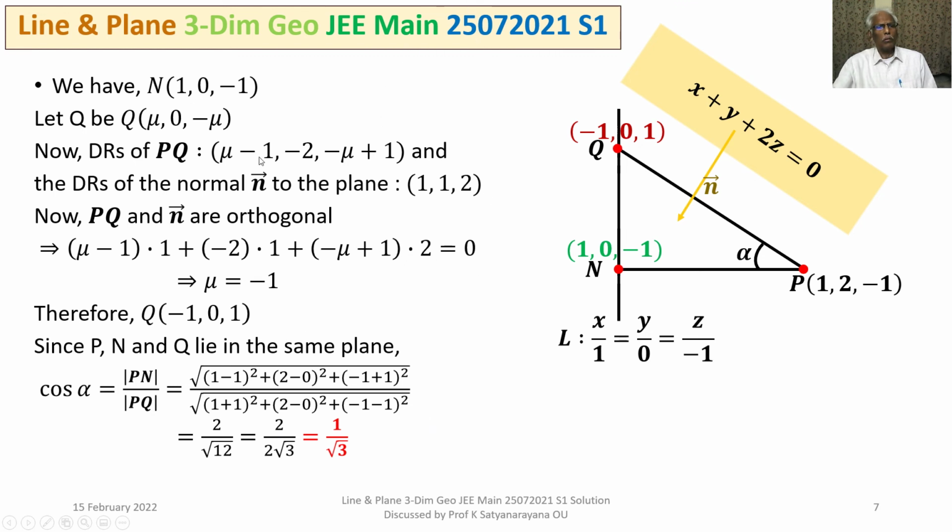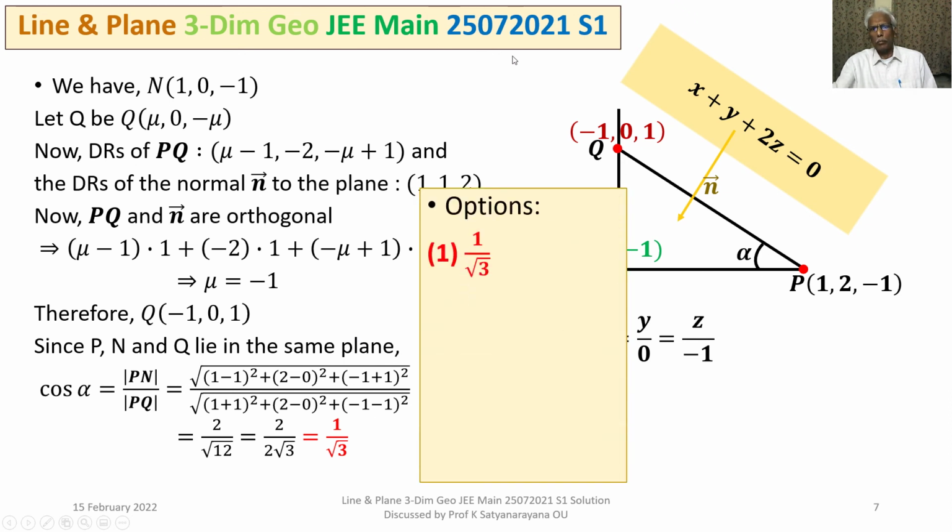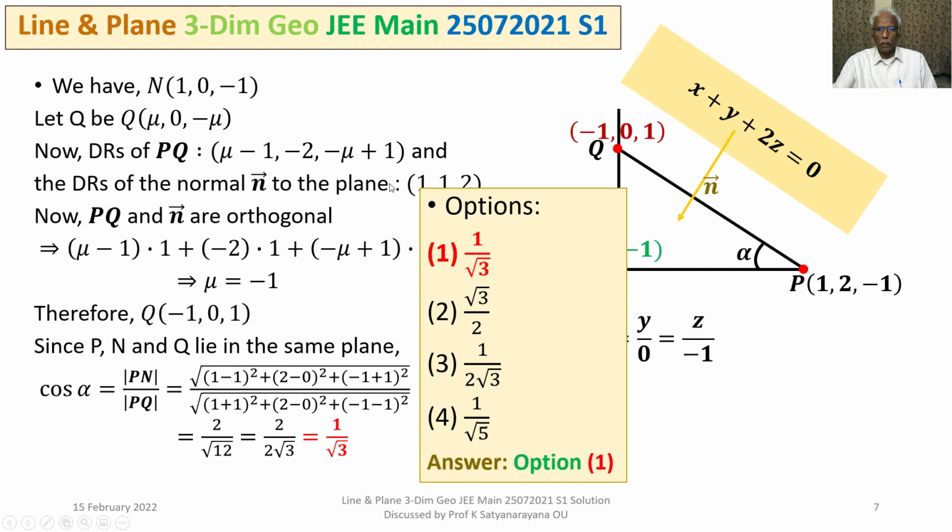You can also calculate cos alpha using the cos alpha formula, using the vectors, and we will get this same answer. And let's look at the options. The 4 options are given here, and our answer 1 by root 3 appears against option 1. Therefore, our answer is option 1, that is, the answer is 1 by root 3.